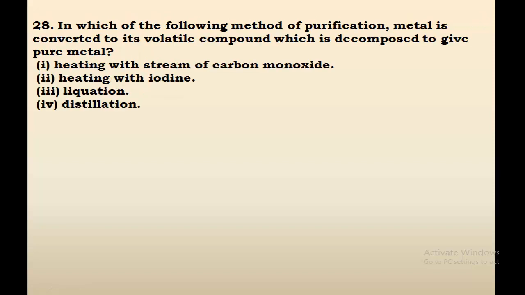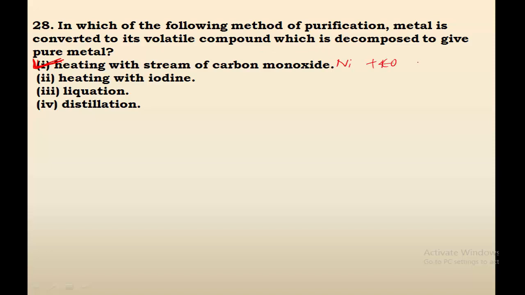28th, in which of the following methods of purification is the metal converted to its volatile compound, which is decomposed to give pure metal? Heating with a stream of carbon monoxide, heating with iodine, liquefaction, distillation. If you observe, in vapor phase refining, first the metal is converted to a stable volatile compound, that is, heating with carbon monoxide in the extraction of nickel.